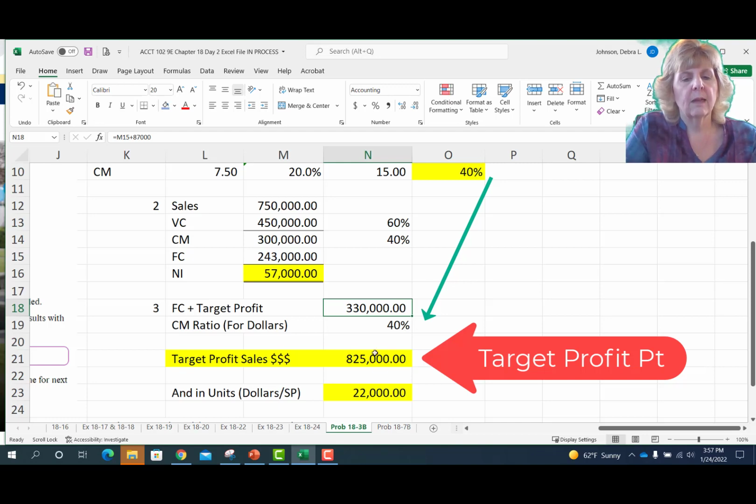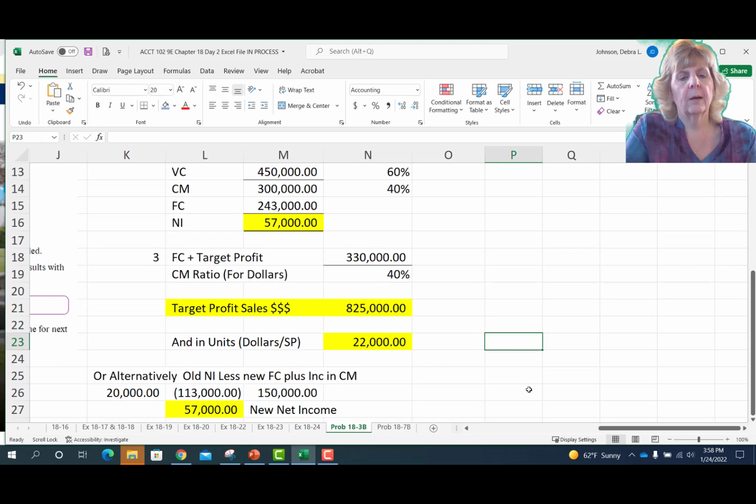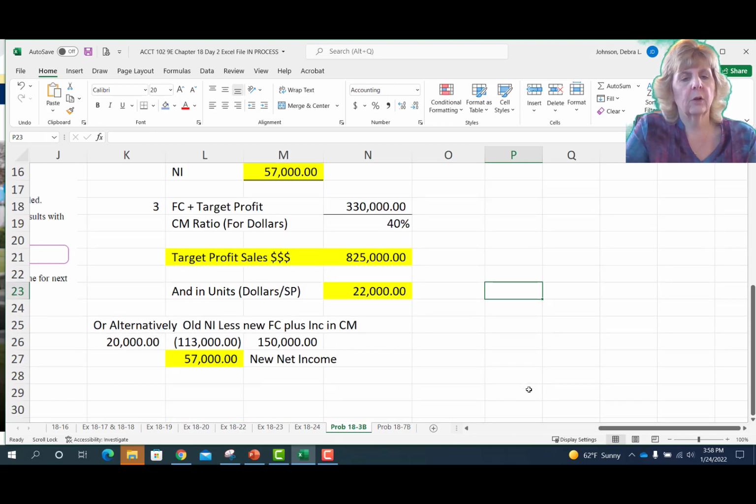To generate that type of a profit, this tells us that the company needs to earn $825,000 in sales dollars. If he wanted units, the quick way to convert those sales dollars to units would be to divide by the sales price. And this was a good application of cost volume profit.